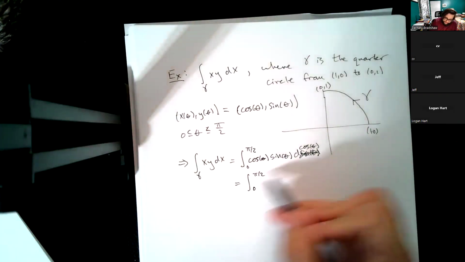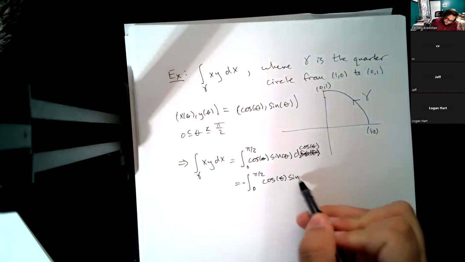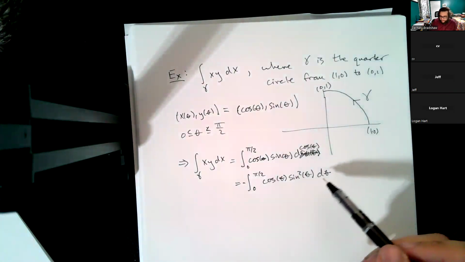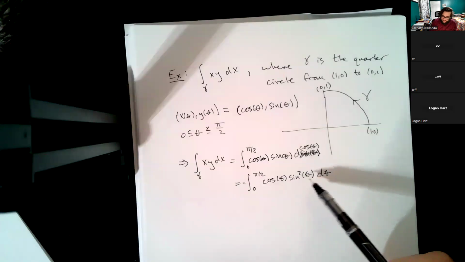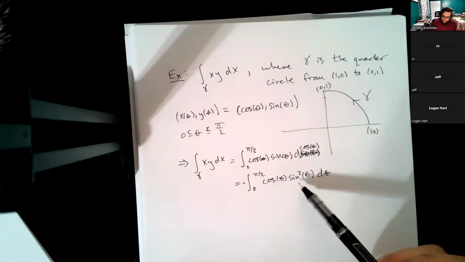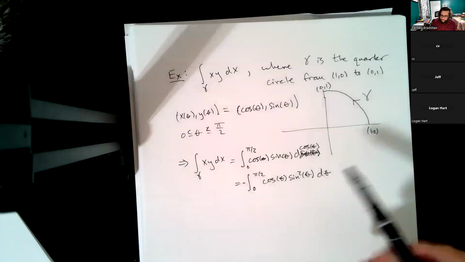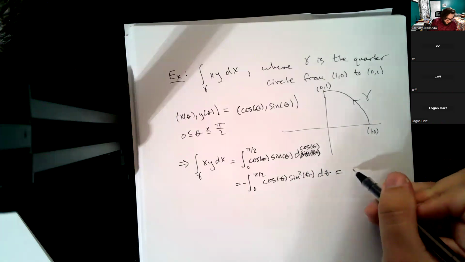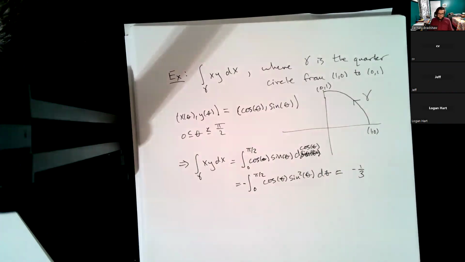The derivative of the cosine is minus the sine, so we get this guy. And hopefully we all know how to solve this one. You could recognize cosine as the derivative of sine. You could do a u substitution if you want, u equals sine theta, whatever. But what you'll find is that this is equal to minus 1/3.